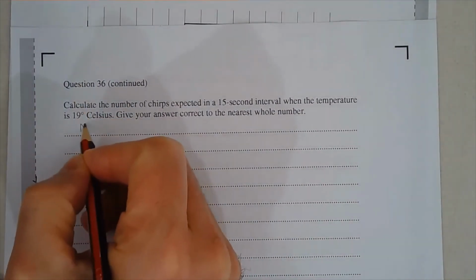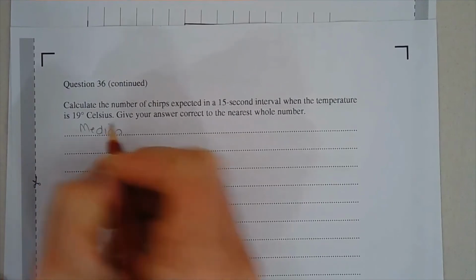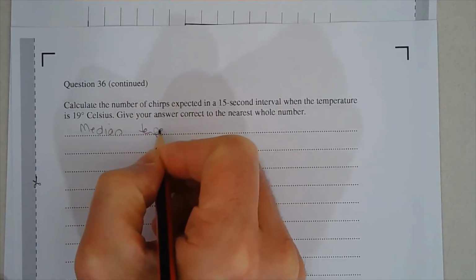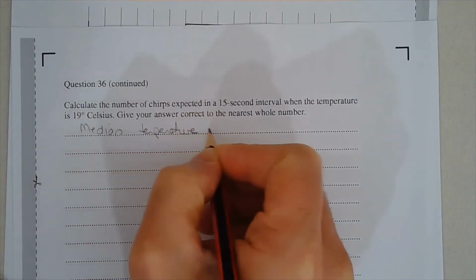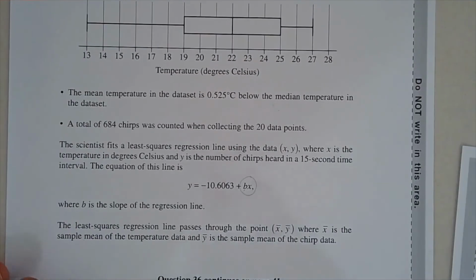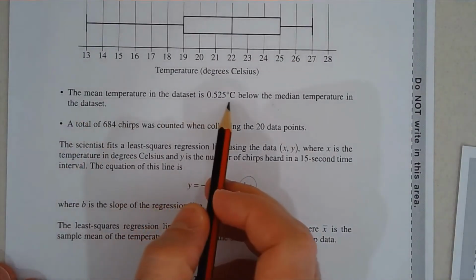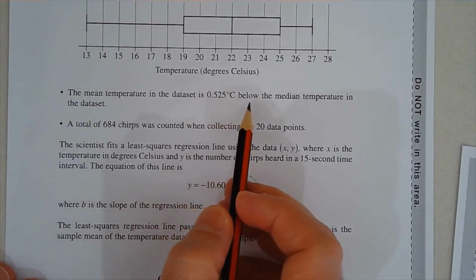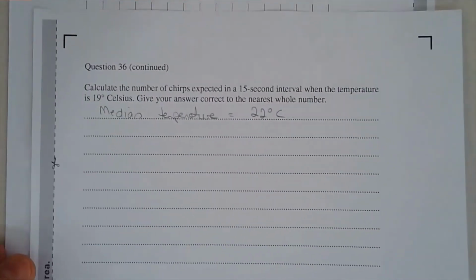I'm going to write down that the median temperature is equal to 22 degrees Celsius. Now the mean temperature is 0.525 degrees Celsius below that. So let's write that down.